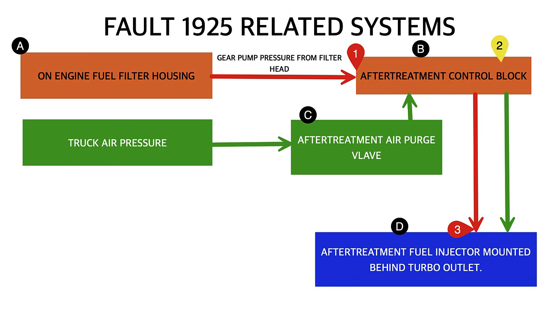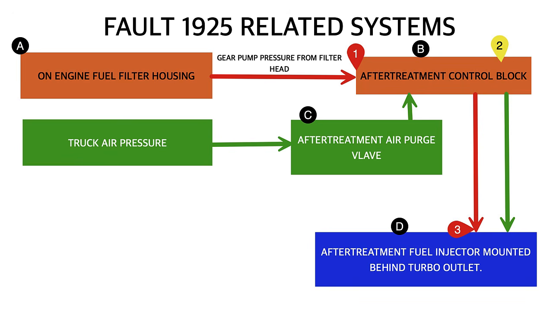When it's done and the regen's over, the system is going to clean all the fuel out of that injector so that it doesn't carbon up from heat, because there's a lot of heat back there. So it turns number 1 off, and it opens up letter C, after treatment air purge valve, turns that on, and the air pressure from the truck air tank goes up through the purge valve into the after treatment control block.